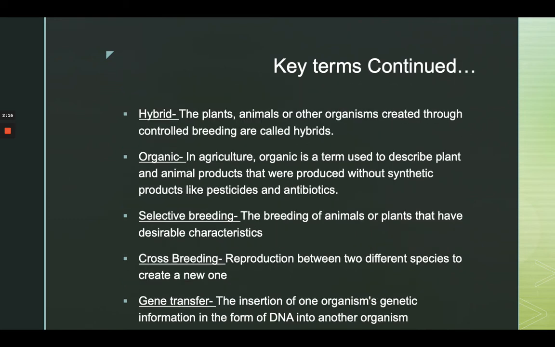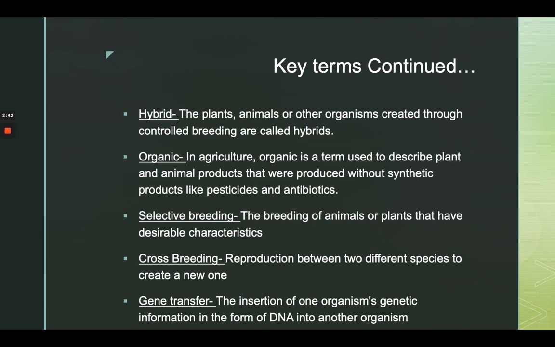So, some more key terms that I think everybody should know if you are studying this topic. Hybrid. Hybrids are the plants, animals, or other organisms created through controlled breeding. So, in other words, breeding is the process of combining genetic material, and a hybrid is the result.